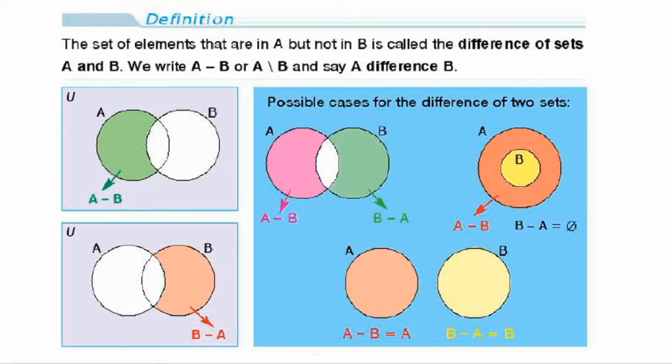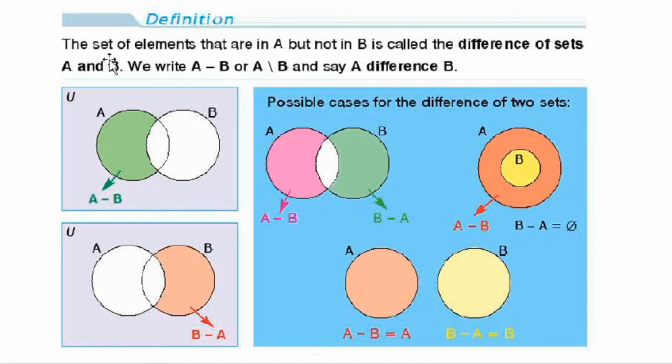Okay, so let's move on to the other definition. The set of elements that are in A but not in B is called the difference of sets A and B. We write A minus B or A slash B, but how do we read that one?